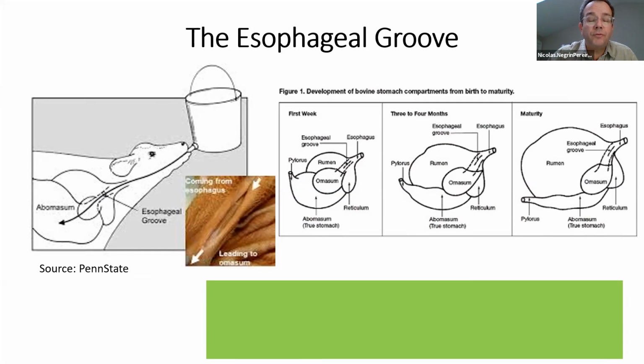The picture in the middle is a really nice picture. I got it a few years ago and I still have it, because it's one of the best I saw that shows how the esophageal groove looks, and the arrows point towards the omasum. You can see on the other diagram the evolution of the digestive tract of a calf. In the first week, we have a big abomasum and a still very incipient reticulum, omasum and rumen.